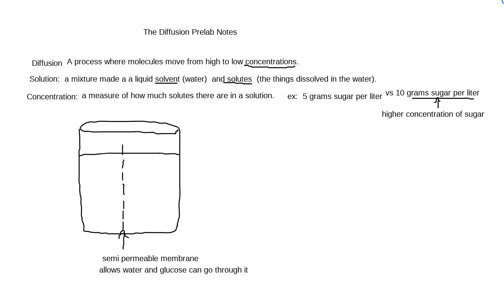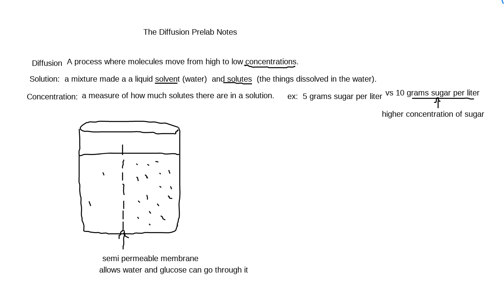All right. So let's say that on this side we have a whole bunch of glucose molecules. It's a very high concentration of glucose molecules. And over here, there's just a little bit.